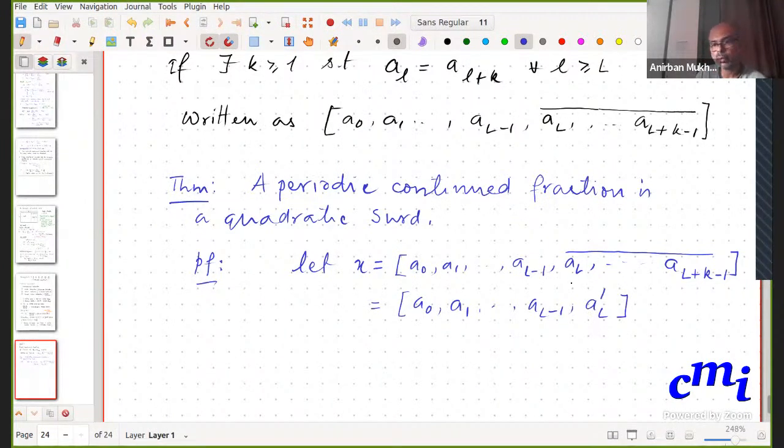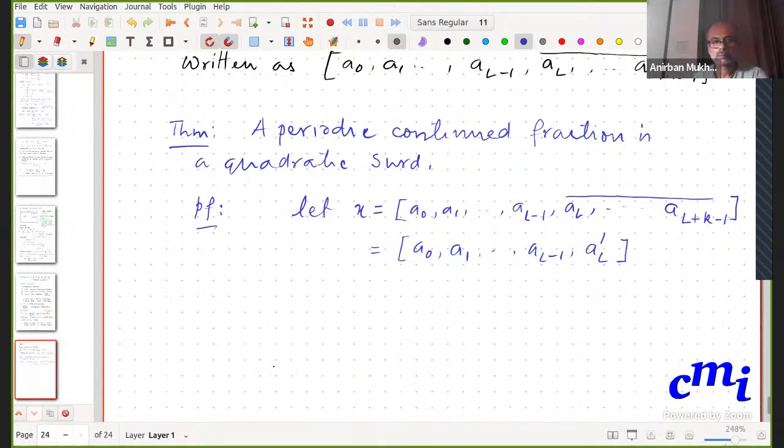The Lth complete quotient in this case stands for the periodic part. So a_L dash, if you write it out, starts from a_L, you have a_{L+k-1}, then it starts with a_L again, and just the same thing repeats.